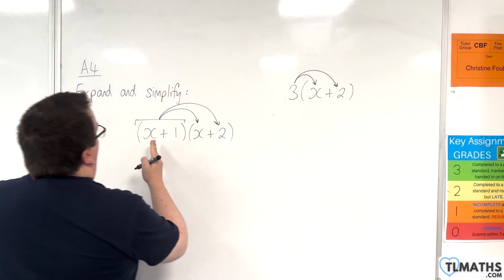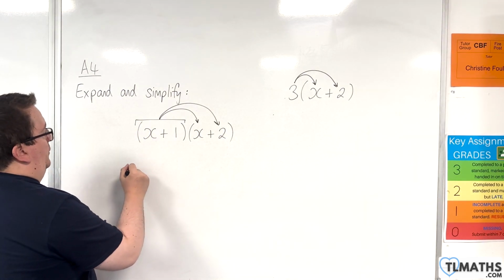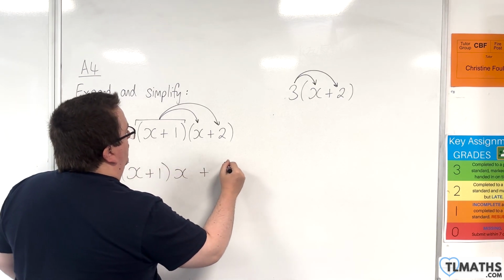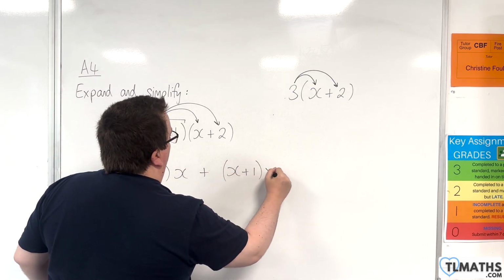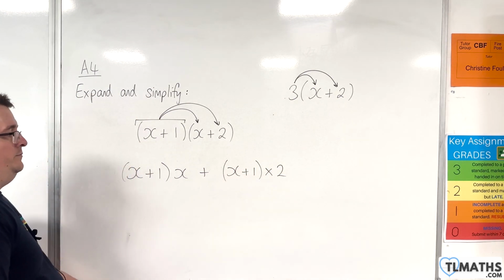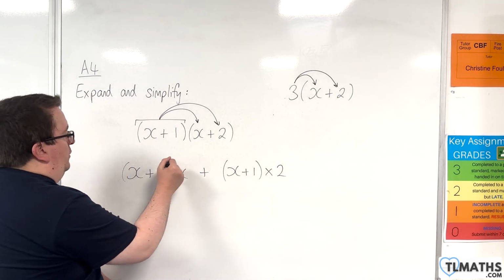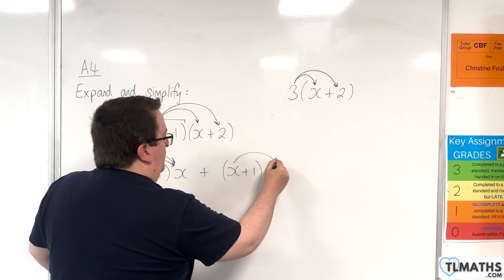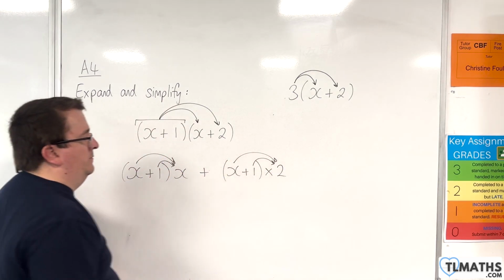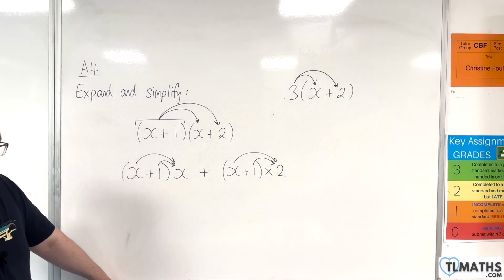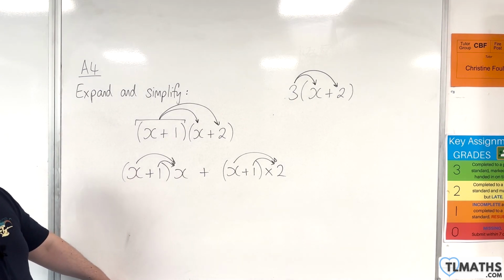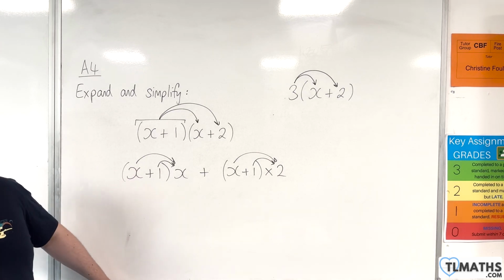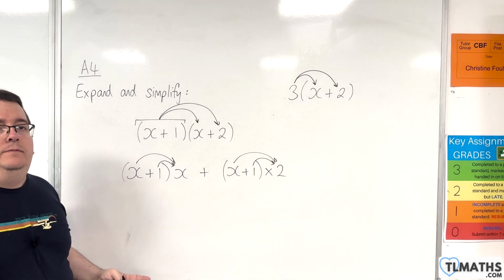So you've actually got x plus 1 times x, and then you've actually got x plus 1 times 2. And then, of course, you can multiply the x by the x, and the 1 by the x, and the x by the 2, and the 1 by the 2, and expand it that way. Okay? That's not generally the way that people get taught to do it, but essentially it is that.